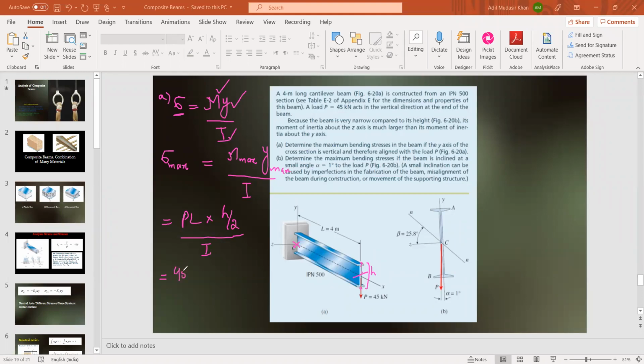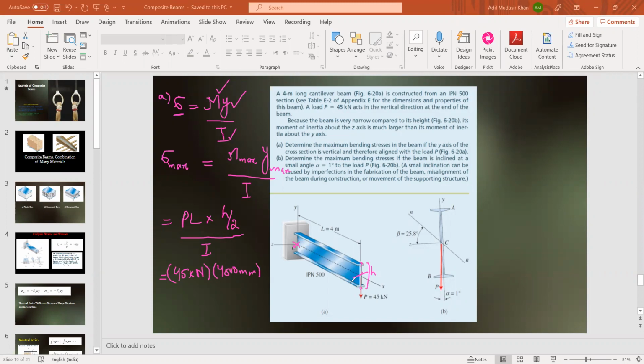we will write 45 kilonewton multiplied by length. Its length is 4 meter, that is 4000 mm, into H by 2.